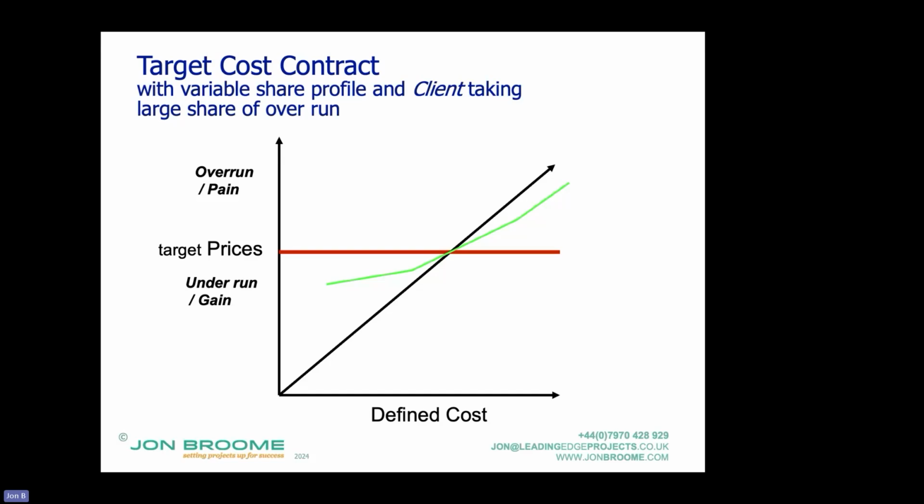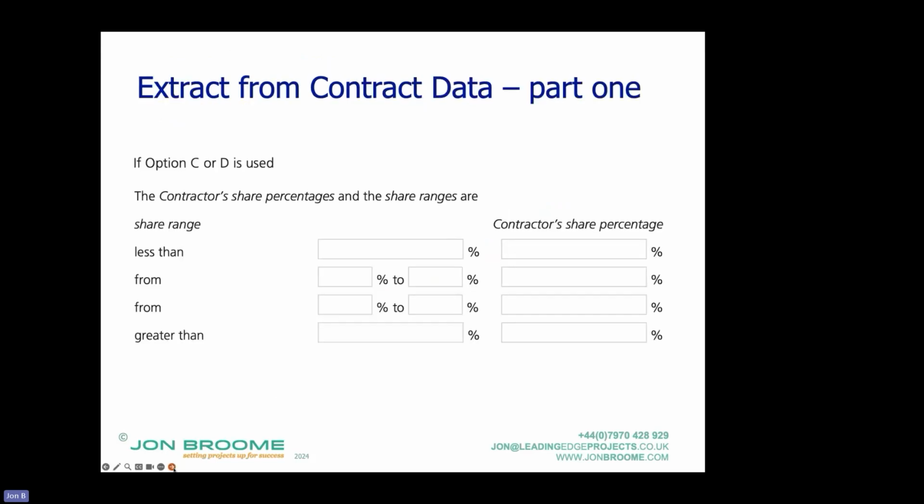So initially they take 25% of any gain, which is in the boundaries of a good result. But in the boundaries of a bad result, up to plus 20%, they're taking 25% of the hit. And then at greater than 120%, the contractor's share percentage matches their fee percentage. Okay. So that's what these mean in terms of the entry in the contract.